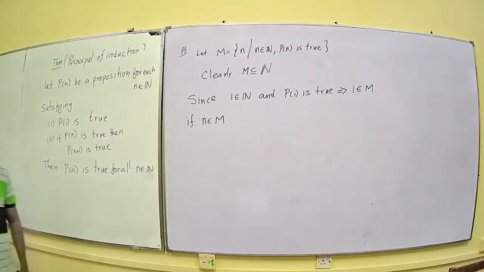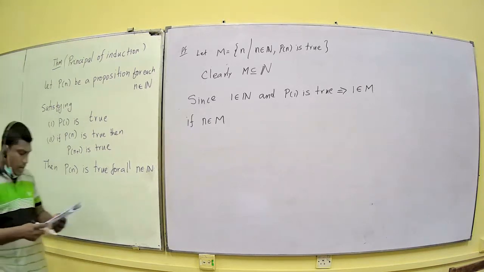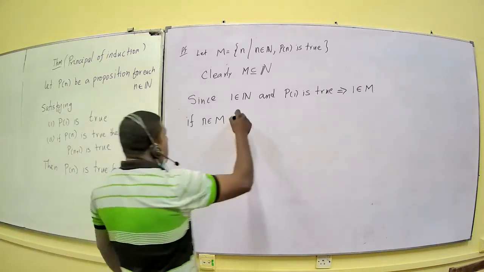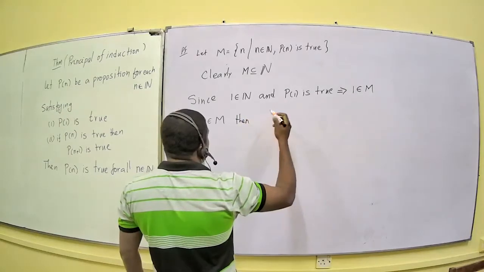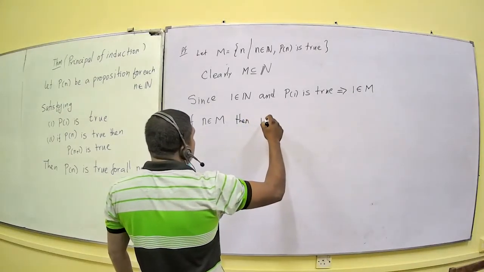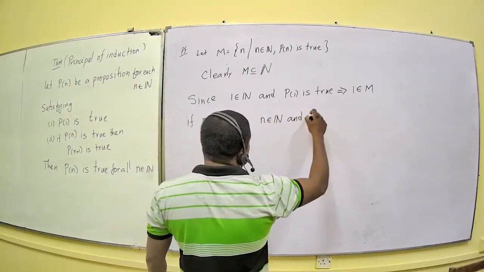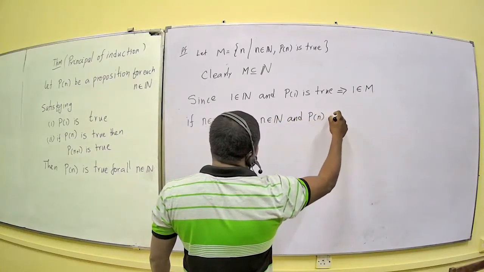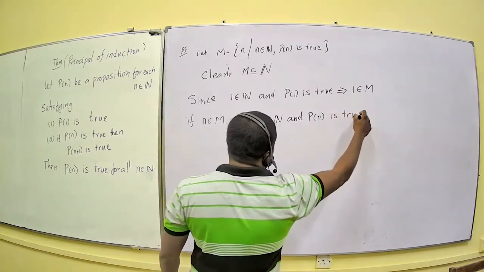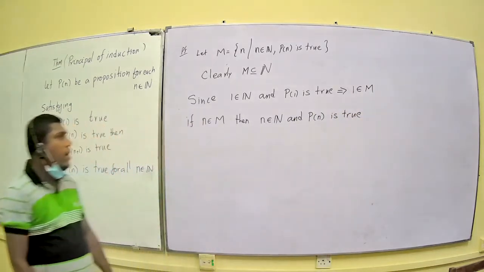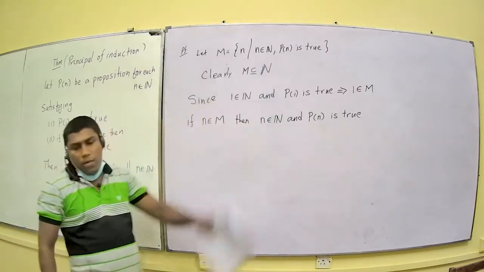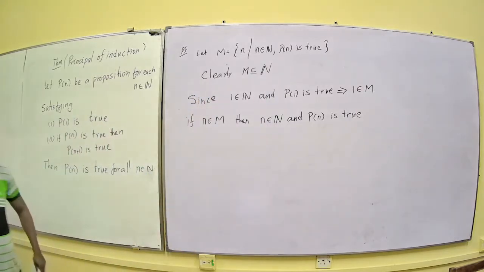If you take an arbitrary n belonging to M, then clearly n is a member of the natural number set and also Pn is true.